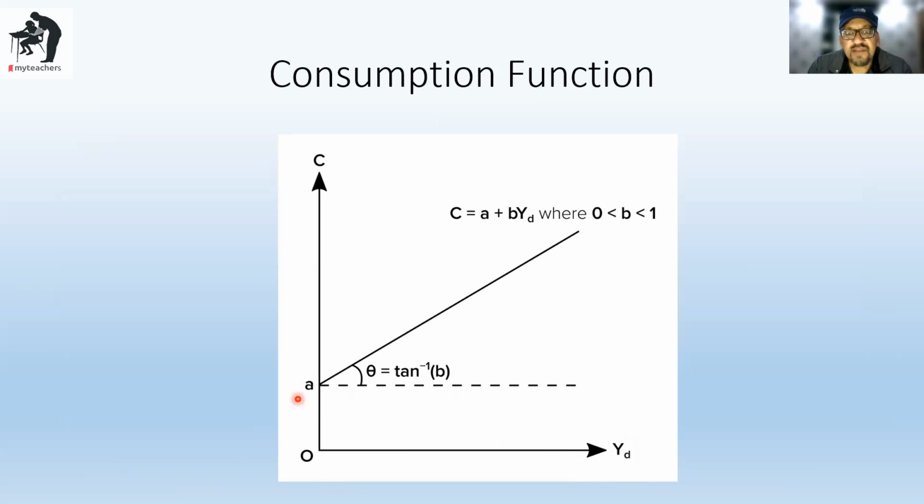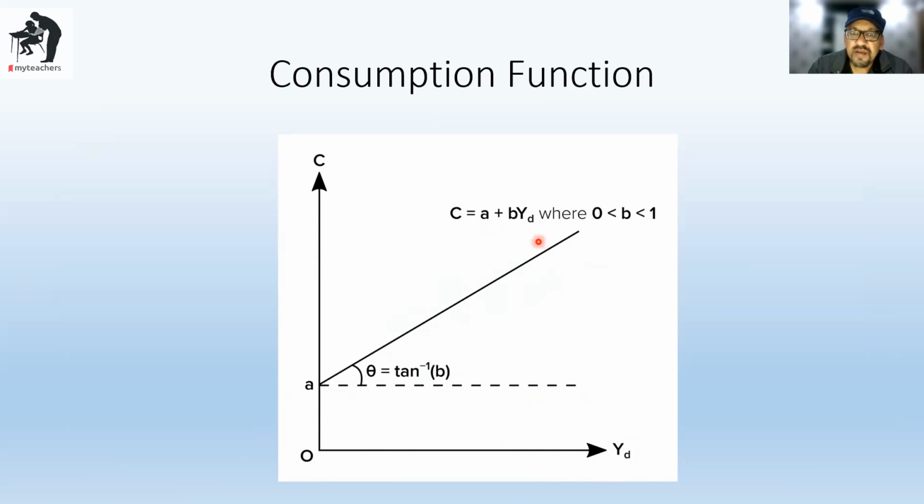Autonomous consumption is that level of consumption which remains constant at each and every level of income. And when we add induced consumption in autonomous consumption, then this is the consumption function line, A plus B by.